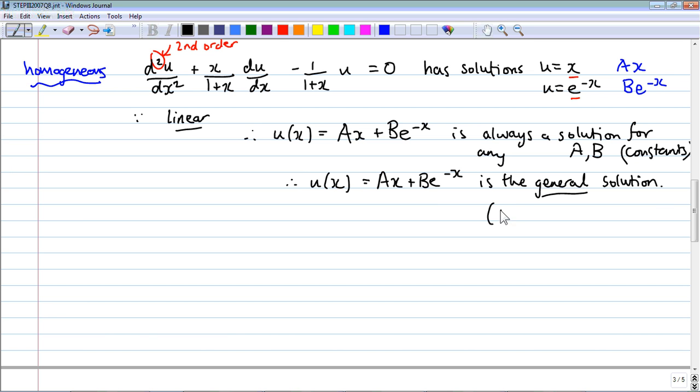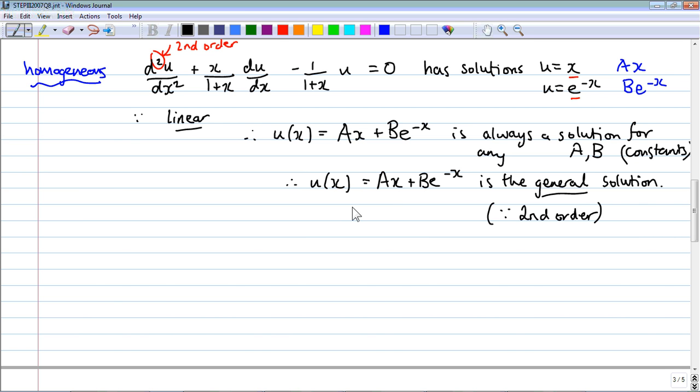And if you like, you can write that because it's second order, it has two free variables. And because we already found two linearly independent functions, that's a very important point. If you had ax plus b times e to the minus 3x, they would not be linearly independent, they would be the same function.